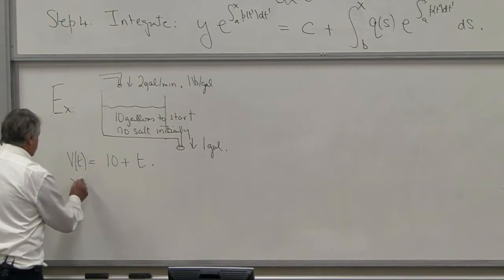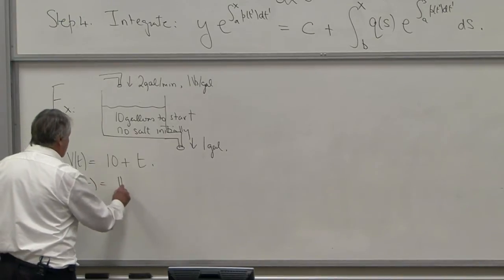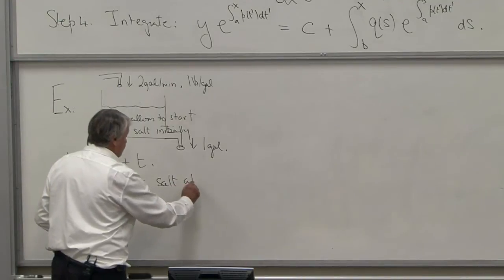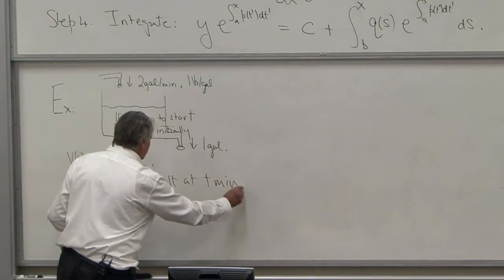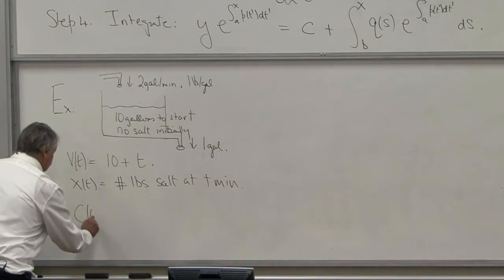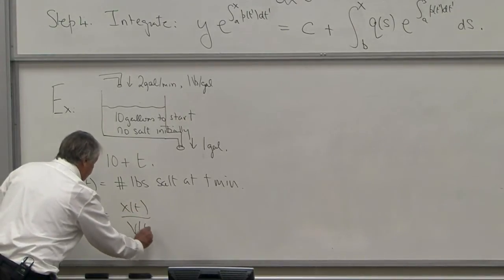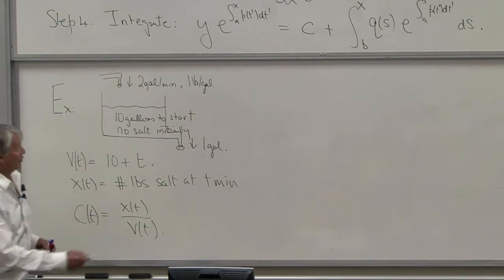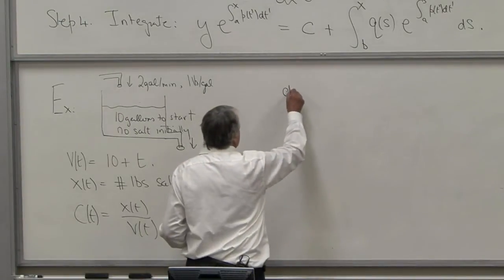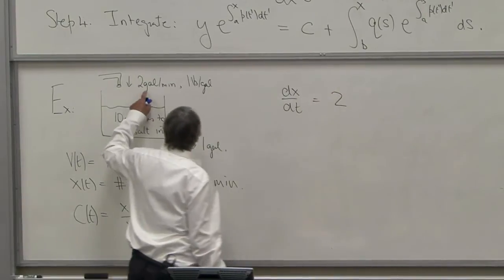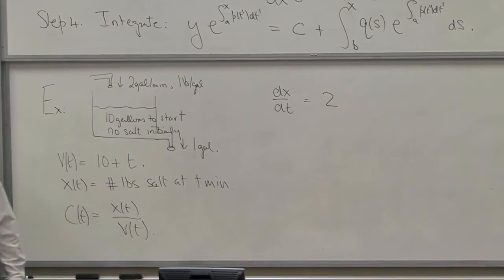x of t is the number of pounds of salt at t minutes. And the concentration at any time is x of t over v of t. All right, now what's our equation? It's dx by dt is what goes in. It's 2, and the concentration is 1.